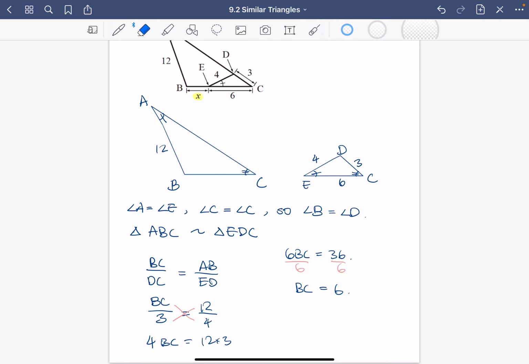And so right here, we're dividing both sides by 4. Oops, my mistake. Okay, so 36 divided by 4 then is equal to 9. And so BC equal to 9 and EC equal to 6. So X is just equal to BC minus 6, which is 9 minus 6. That is 3.